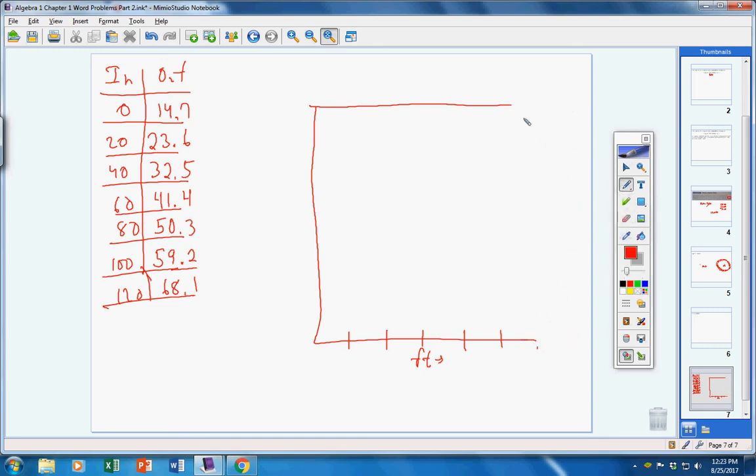Let me make my rectangle a little smaller. And there's 120 right there. There's 100, 80, 60, 40, 20, okay? Now, this is my feet. So this here is going to be the water pressure, okay? My pressure runs from 14 to 68. So I'm going to go up to 70, going increments of 10.